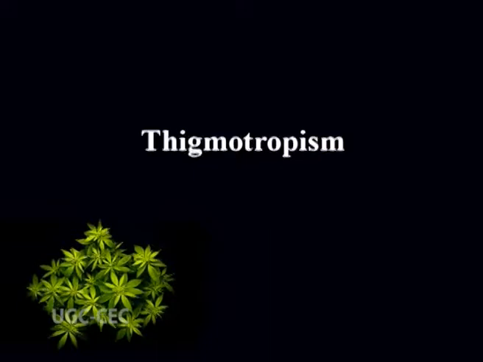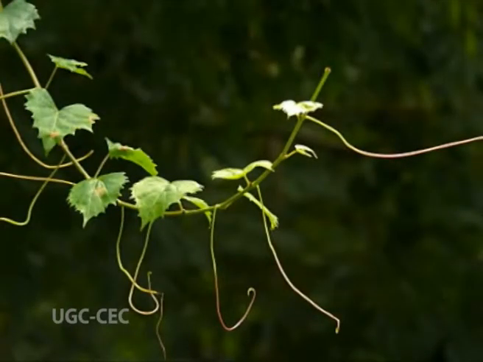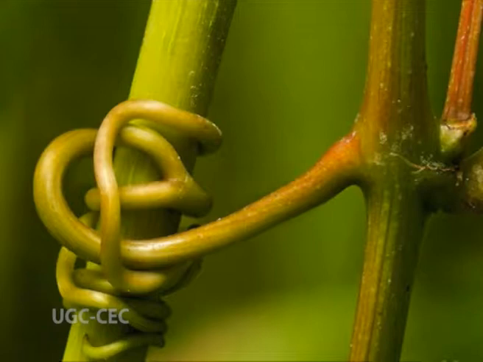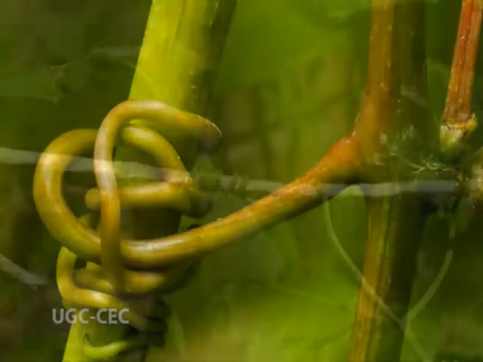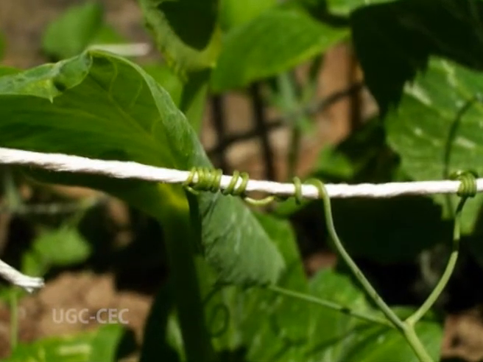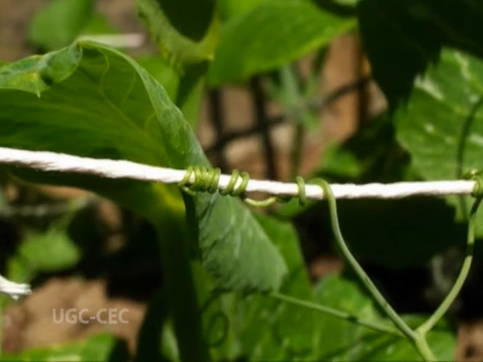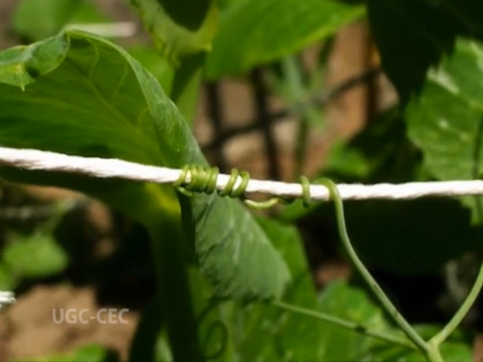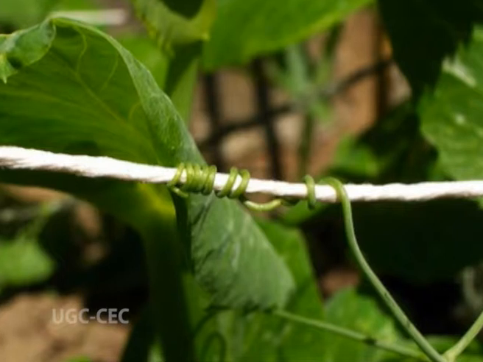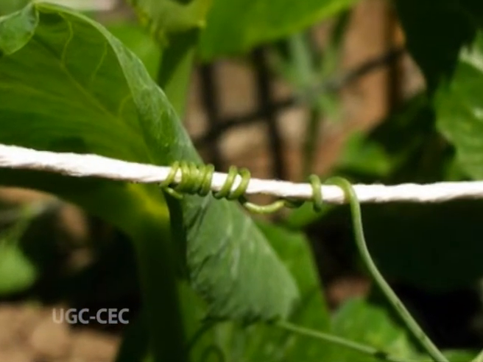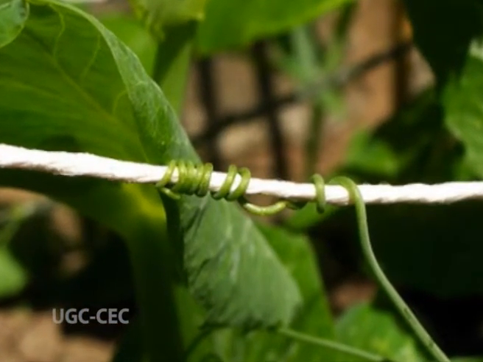Thigmotropism. Thigmotropism is a movement in which a plant moves or grows in response to touch or contact stimuli. Vines develop tendrils that coil around supporting objects. The surface that touches the support will grow at a slower rate than the other side, which makes the tendril bend around the object.